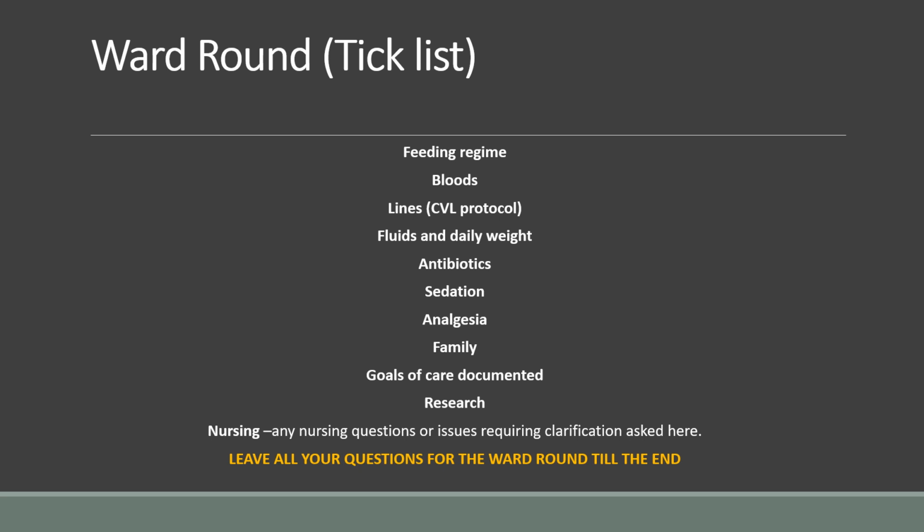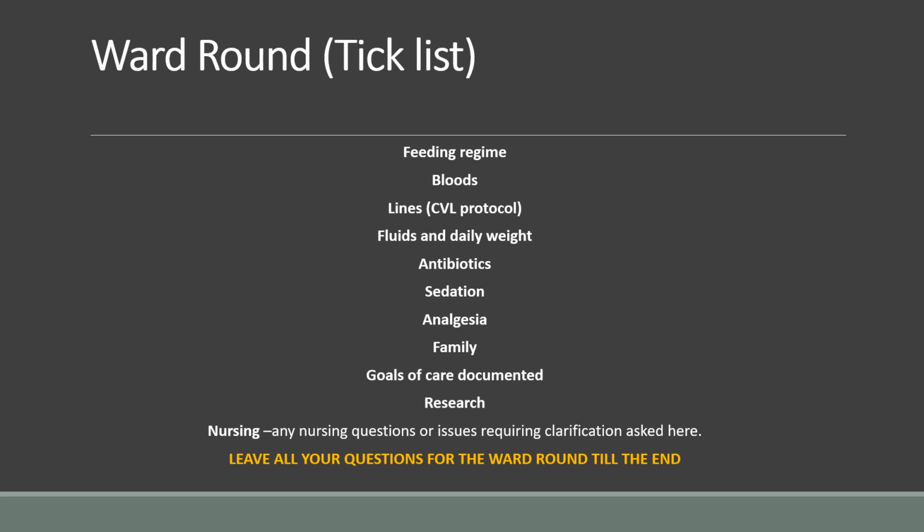Family. Usually what this means is, when did the family meeting happen last and with whom and what was discussed? And you can also see on the left hand side of the chart that there is a space to document when a family meeting has been had and who had that meeting with them. Goals of care is something which you should be familiar with if you've come from another hospital or another ward.